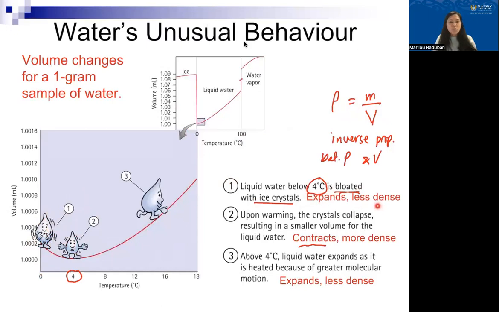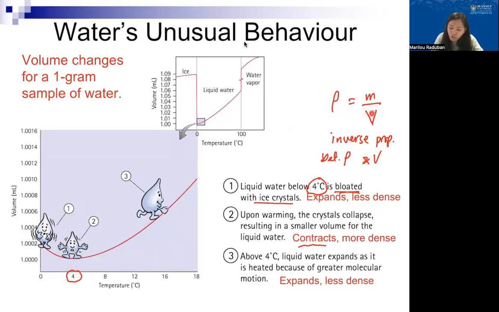And that's also the reason why ice floats to the surface of the water, because ice is less dense than liquid water, and less dense floats above more dense liquids, right?